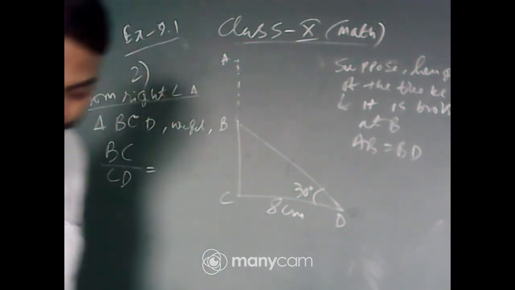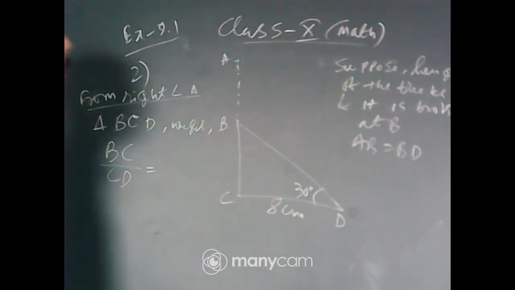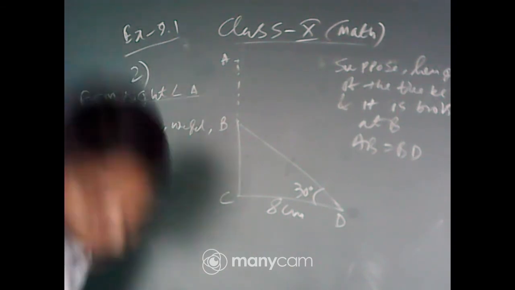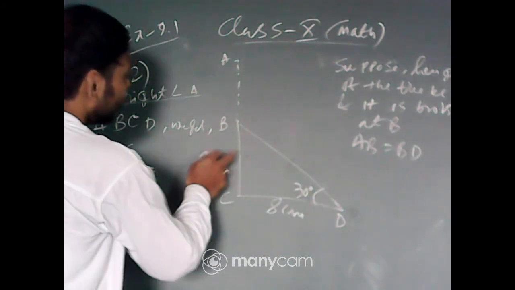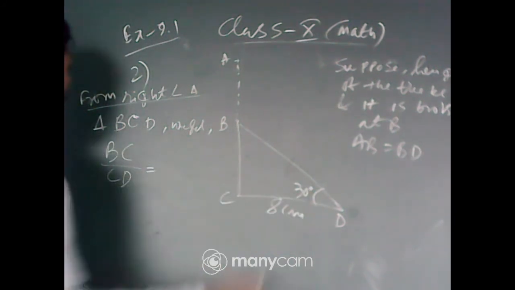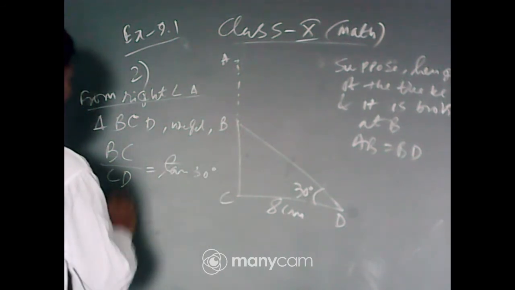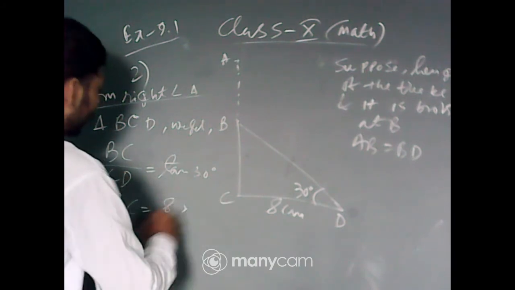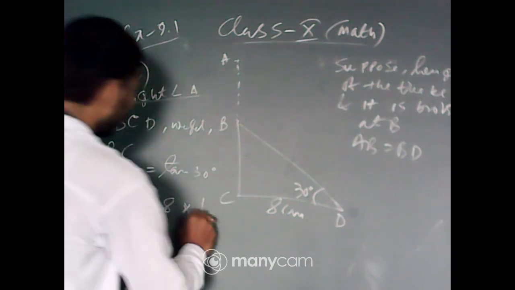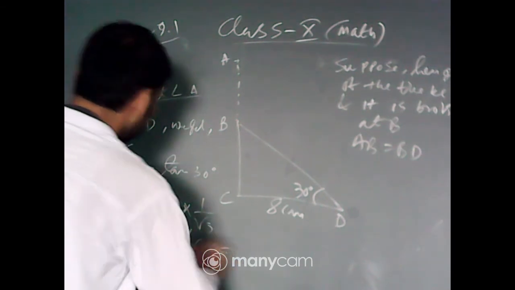It is tan. Yes, perpendicular by base. With respect to this angle, BC will be the perpendicular and CD will be the base. So that means it will be tan 30. So BC means 8 into tan 30, which is 1 by root 3. So 8 by root 3 centimeter.